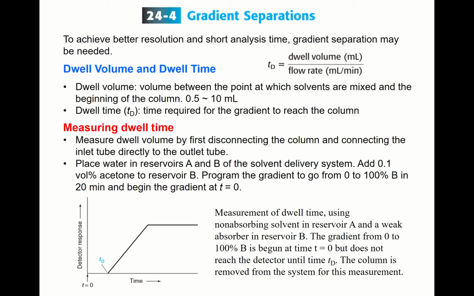That's the dwell time here. Then the detector response begins to increase linearly. Why? Because now you increased the portion of B, of acetone. That's the linear gradient separation. That way you can precisely measure this dwell time. All right.